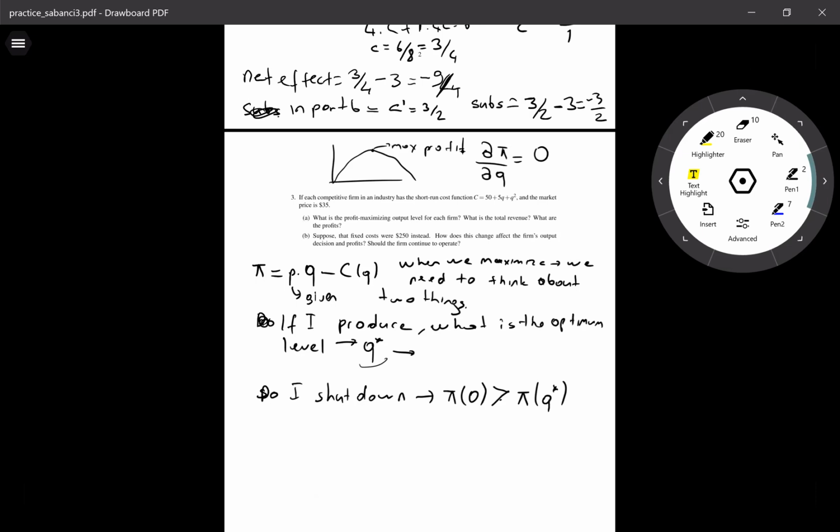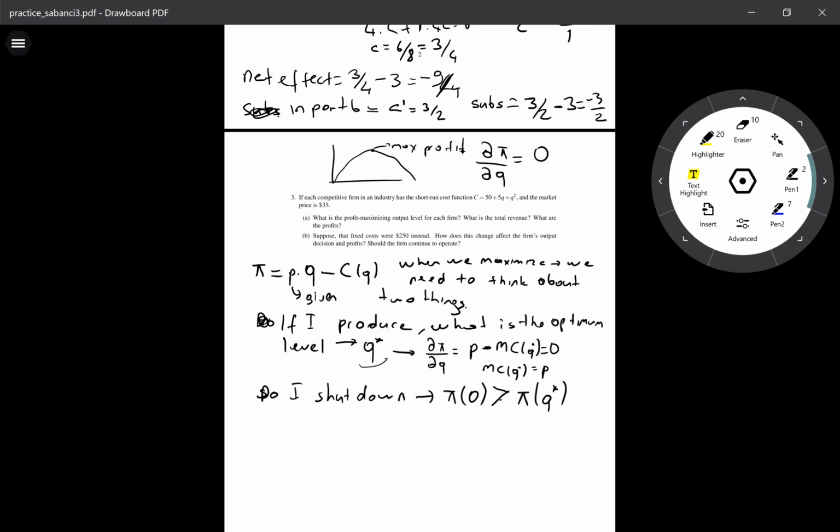Then if I take the derivative of this profit function to find this Q star, d pi over dq is equal to p minus the derivative of the cost function, which is marginal cost at Q star, equal to 0. This means that marginal cost at Q star should be equal to the level of the price. This will give us the optimum quantity.